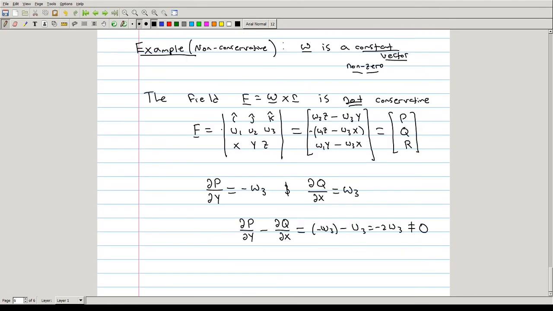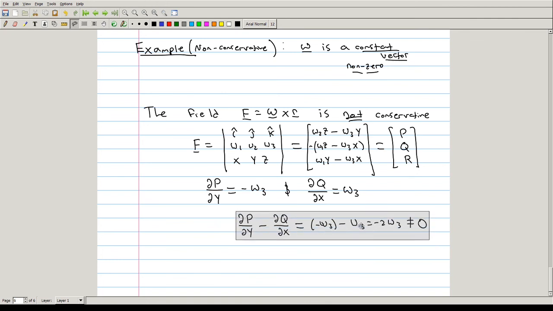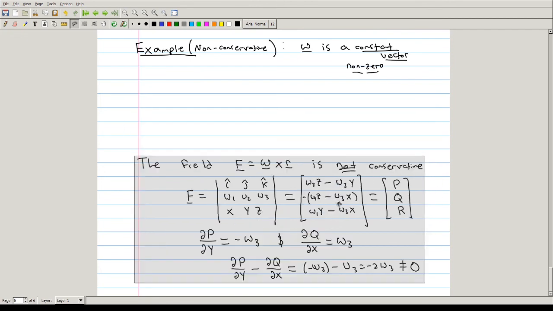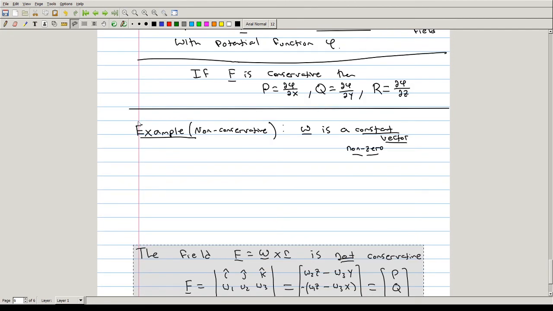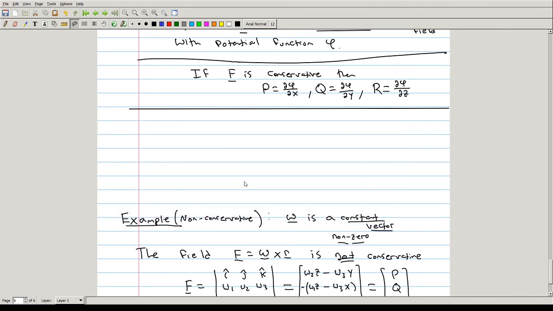And it turns out that this will be, in general, a useful test for us to test if a vector field is conservative. And I'll summarize that above this example, just so that you have it in your notes. One of the useful tests that we can check very quickly, to see whether or not a vector field is conservative, is to look at the following three things.